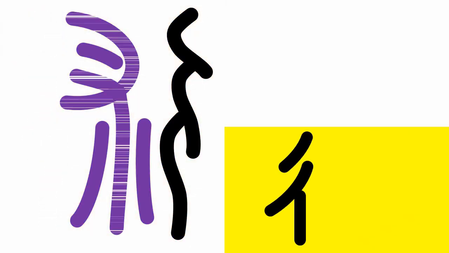The fifth character in this lesson is a return to the full form of a crossroads with a phonetic inserted. It's pronounced fourth tone, shù.